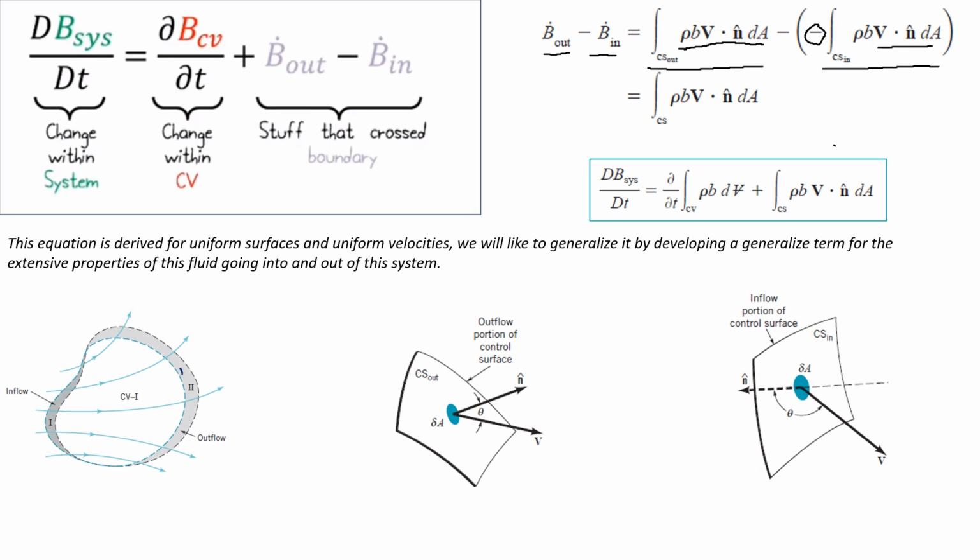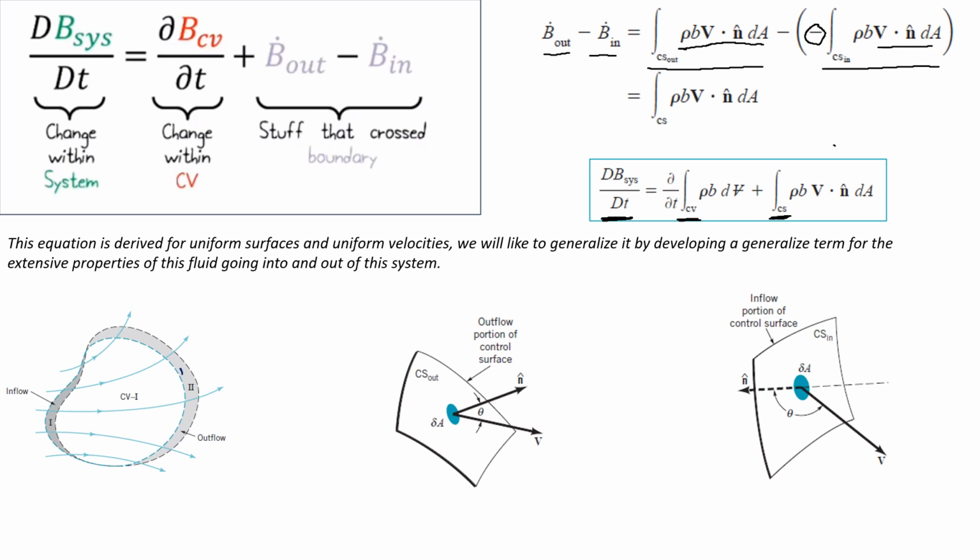So what will happen to these extensive properties when they move through a control volume? That control volume can be an internal surface, or an external object, and we will be studying the aerodynamics of that object. For an internal case, we'll be studying a flow rate. So it can be anything, but basically this equation provides us a link between our system and our control volume, and how these extensive properties change with time when fluid flows through a particular control volume, and what the inflow and outflow will be.